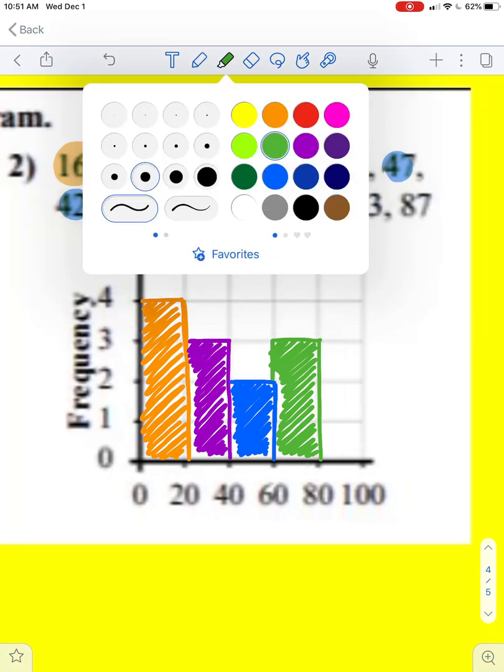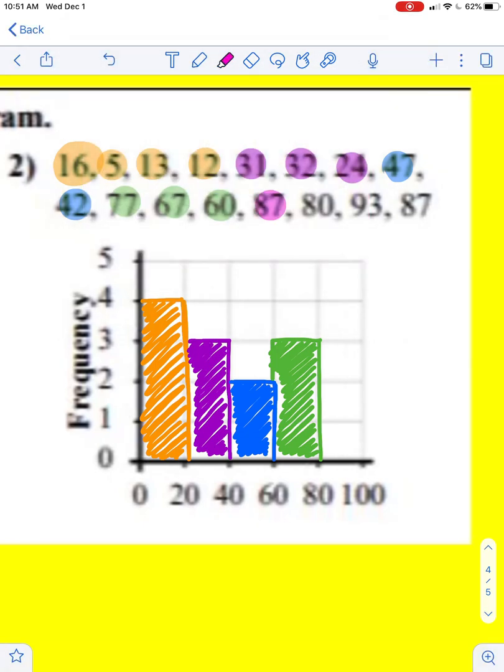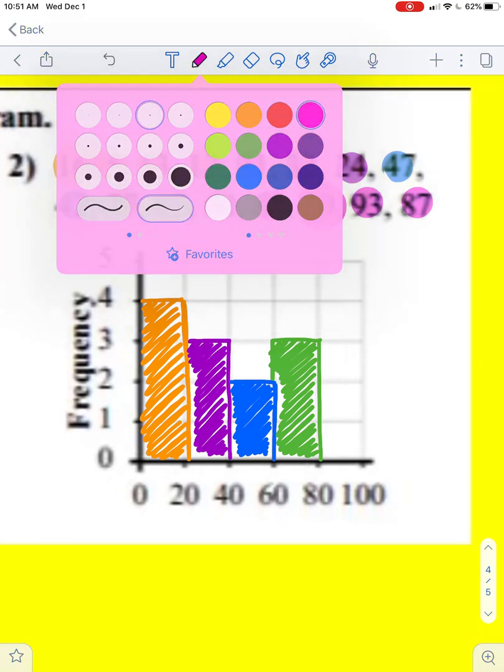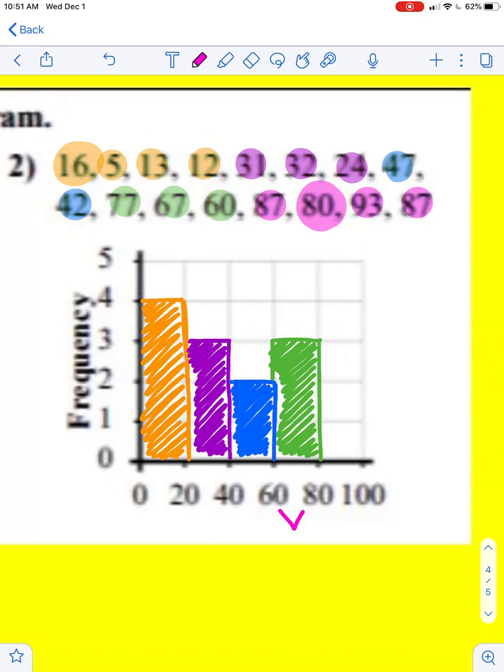Okay, so I want you to pay attention here because I've got 87, 93, and 87 again, which are not problematic numbers. But right here where I have 80, that is going to go in the 80 to 100 range, not the 60 to 80 range. So when you're thinking about this 60 to 80, it's actually going to be 60 to 79, okay?